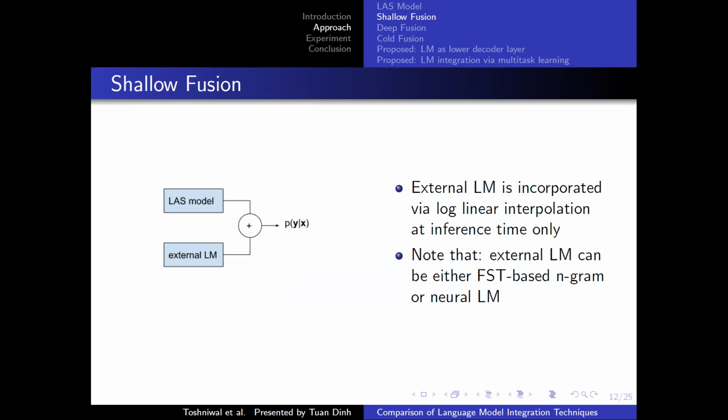As a result, we can use either an FST-based n-gram language model or a neural language model. In contrast, deep and cold fusion generally require an external neural language model.